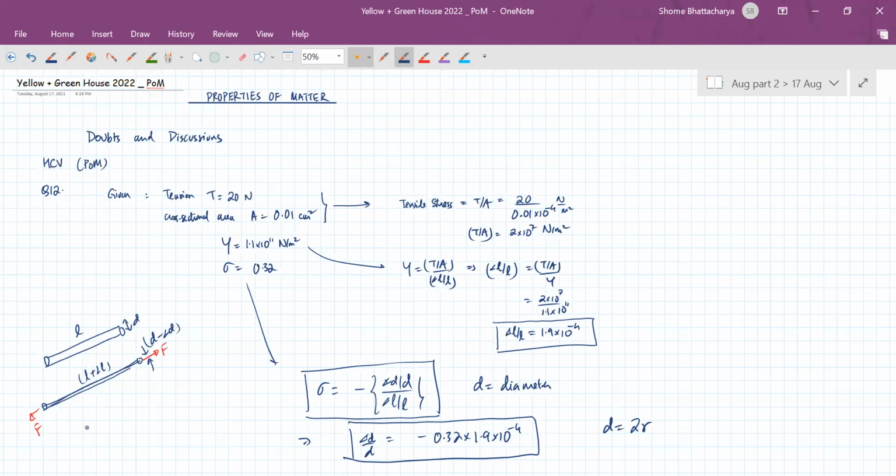So the Poisson's ratio is the material property, which is defined as the negative of the ratio, because the diameter will decrease when the length increases, and vice versa. So delta D by D divided by delta L by L. The quantity inside the bracket will be a negative quantity, because if the length expands, then the diameter will decrease, and vice versa. So the added minus sign is to make Poisson's ratio a positive quantity, a modulus quantity. So is it clear now?